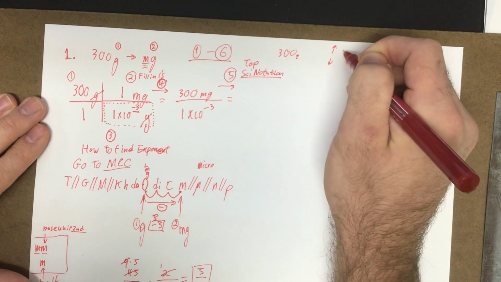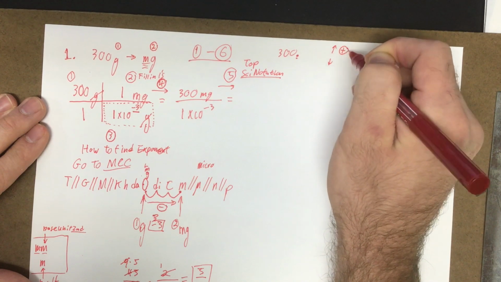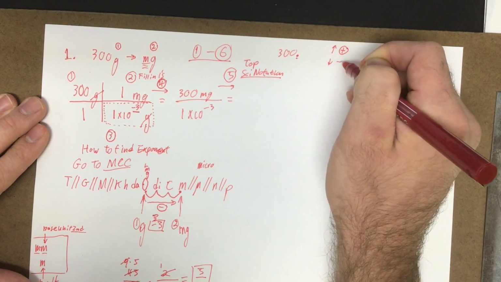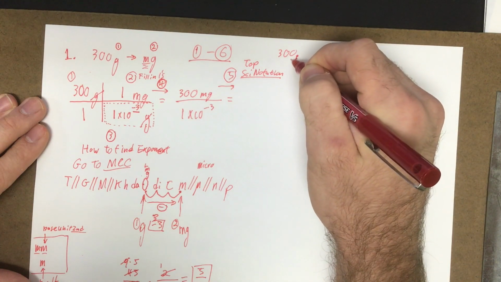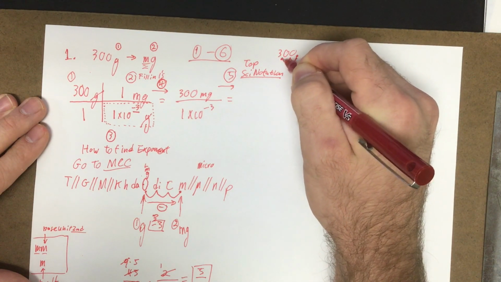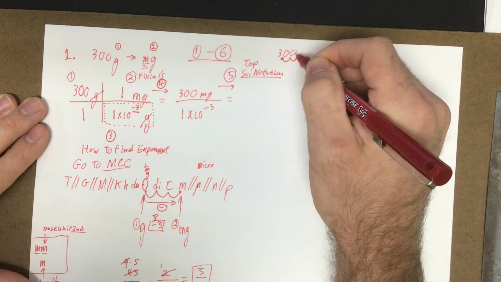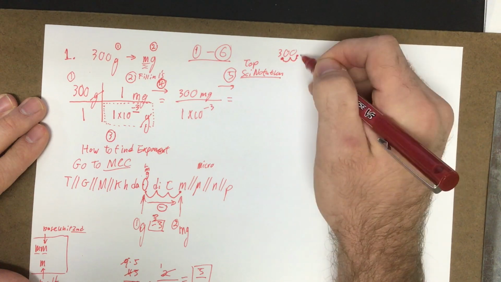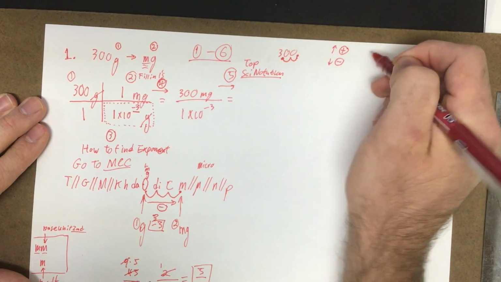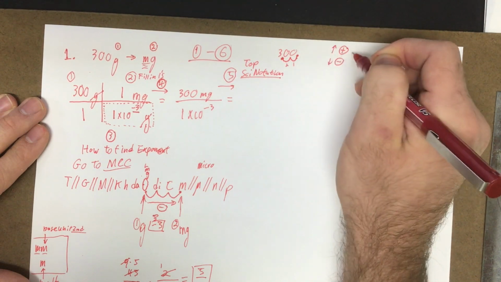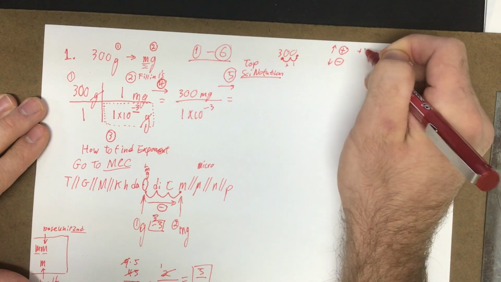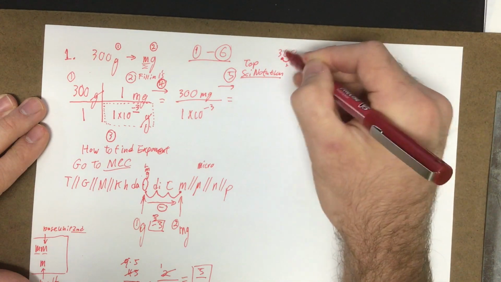If it's bigger than 1, we're going to have a positive exponent. If it's less than 1, we're going to have a negative exponent, okay? So now we're going to go 1, 2, right there. It's bigger than 1 originally, so we're going to have a positive exponent. And we move 2 places, so we're going to have positive 2 in our exponent for this scientific notation.